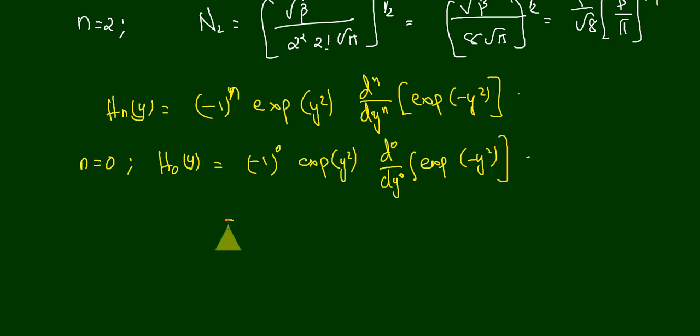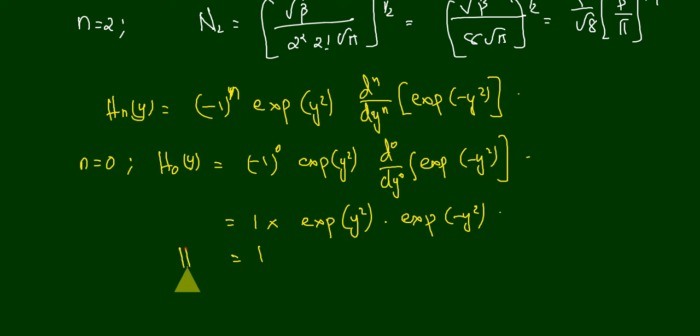That is 1 into exponential y square into exponential minus y square. These two terms will be cancelled, because you can bring one in the denominator, and we get 1. So H0(y) is equal to 1.